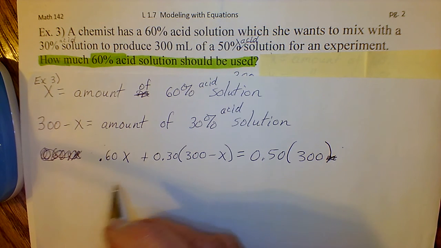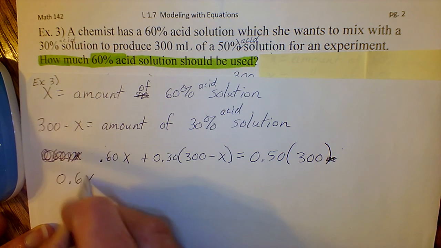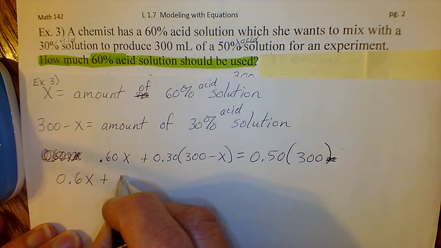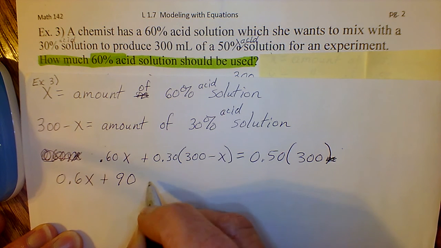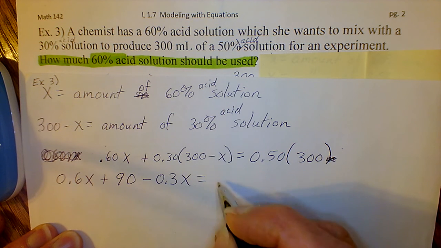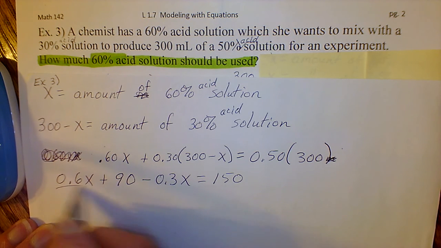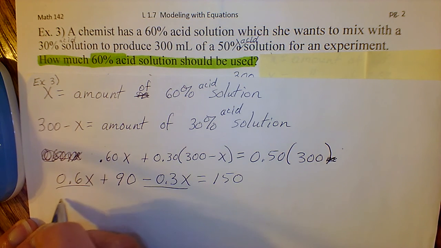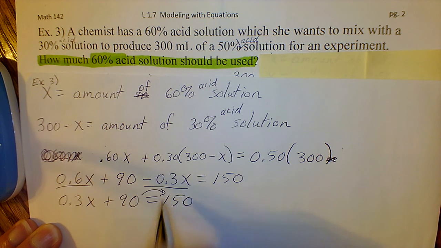It's just a simple equation that we're solving for x, and so we've got 0.6x plus 90 mLs minus 0.3x is equal to 150 milliliters. So now we're going to take the 0.6, subtract the 0.3, so that's 0.3x plus 90 is equal to the 150. We need to bring the 90 over there.